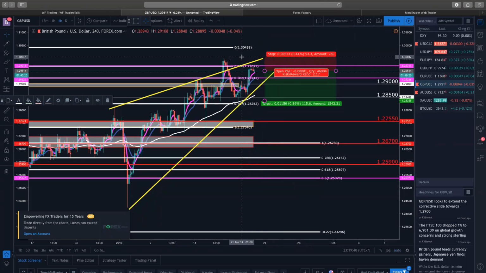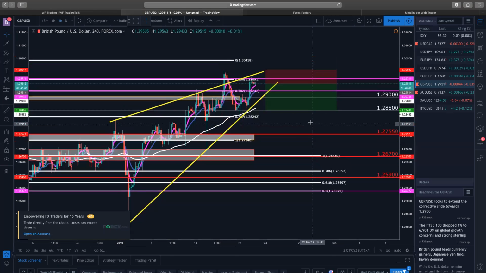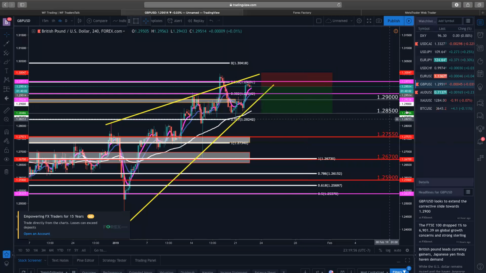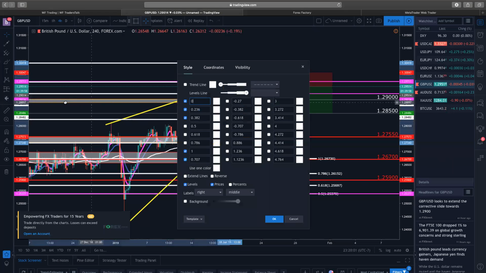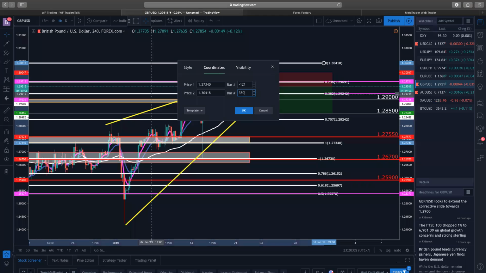Right, 50 pips stop loss from where price is at right now. And then I'm expecting price to go to, TP1 is definitely going to be around here, 12.85. And then my next TP is going to be that.